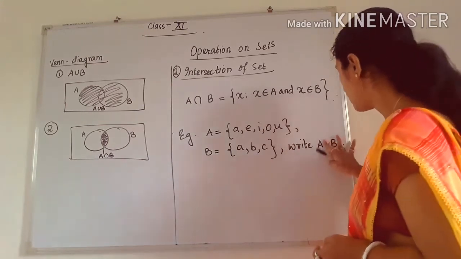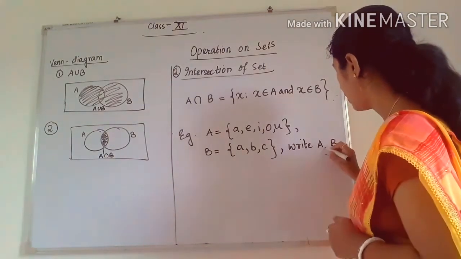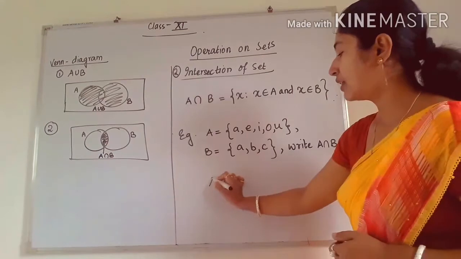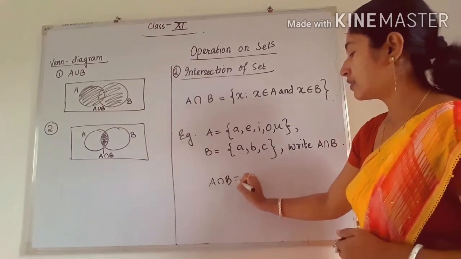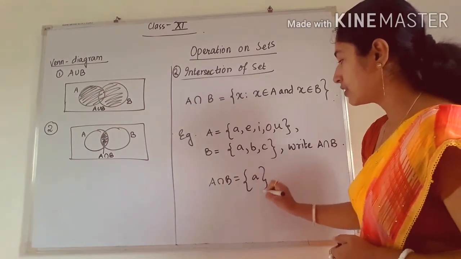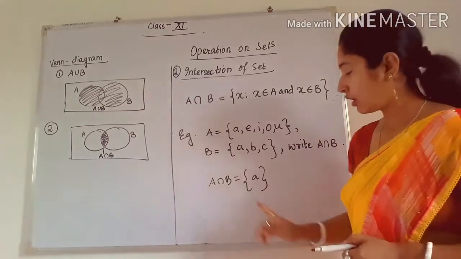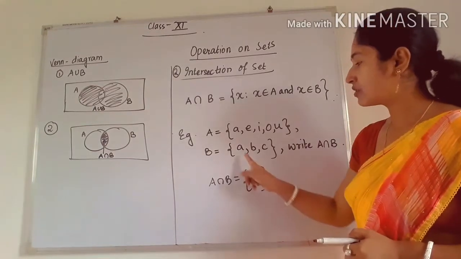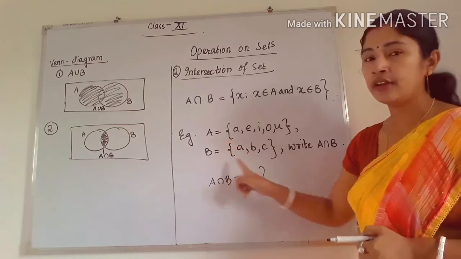Suppose we have to write A intersection B. What will be the answer? Yes, the answer is a. That means it is a singleton set. Why does it consist of a? Because a is common to both A and B.